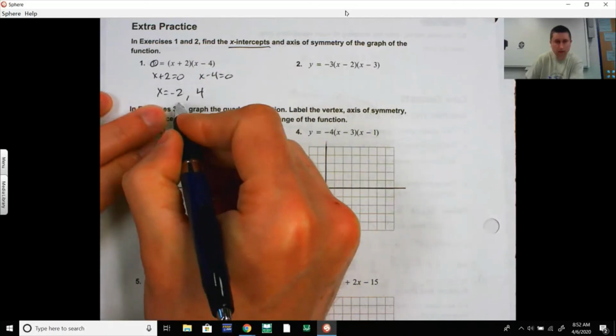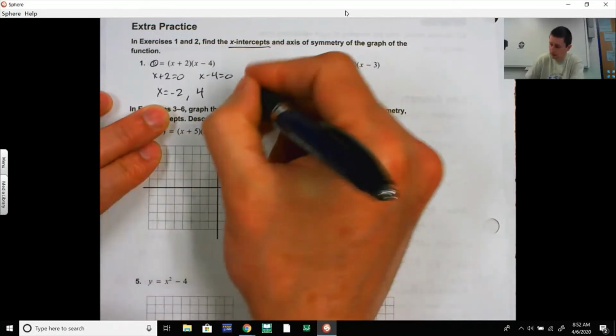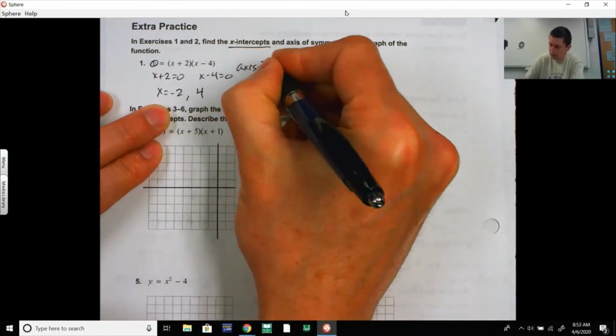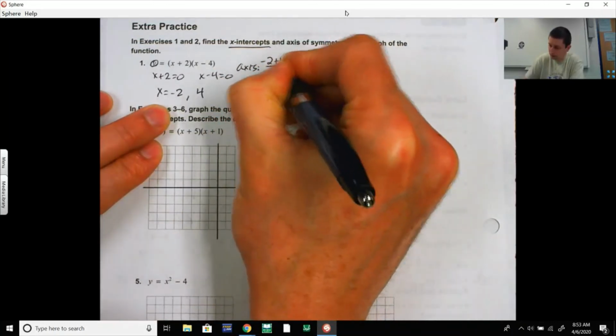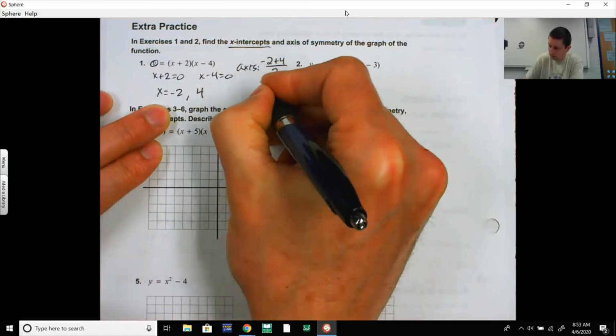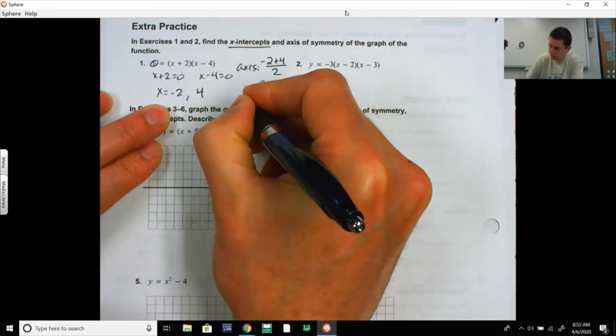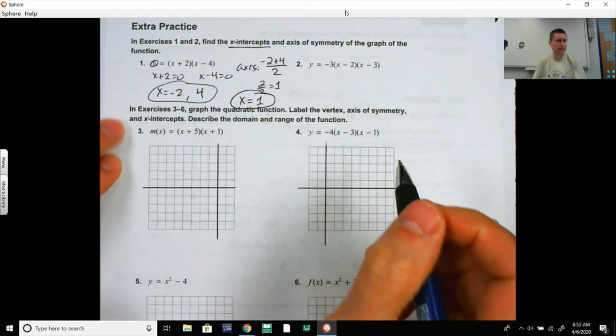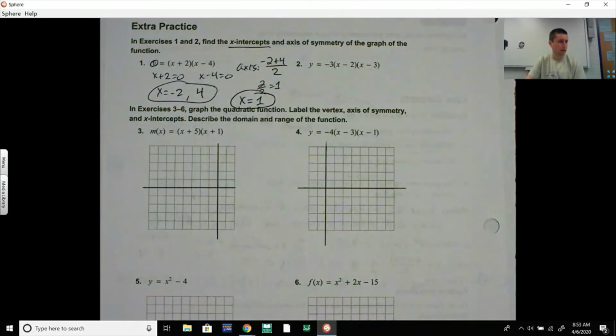So your x-intercepts are negative 2 and 4. For your axis, you're going to take these two numbers and average them together. Negative 2 plus 4 divided by 2. That is 2 over 2, that equals 1. So your axis of symmetry is x equals 1. Okay? So those pieces of information, that's going to be questions 1 through 6.